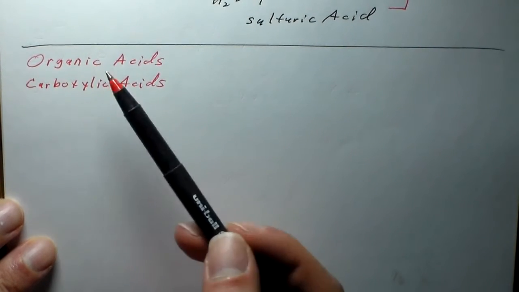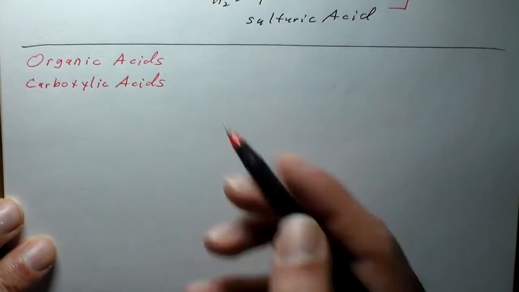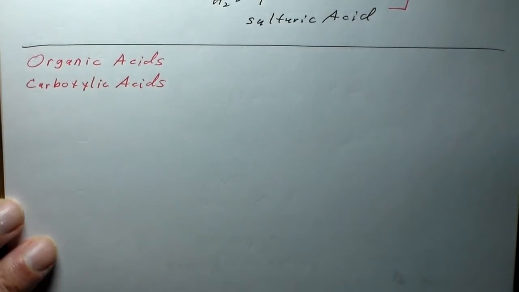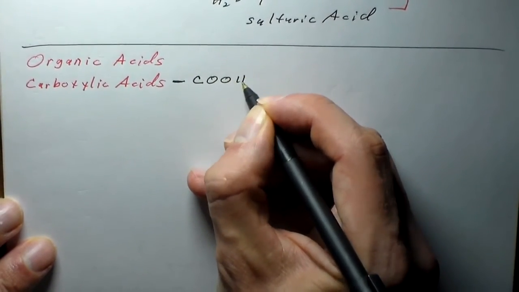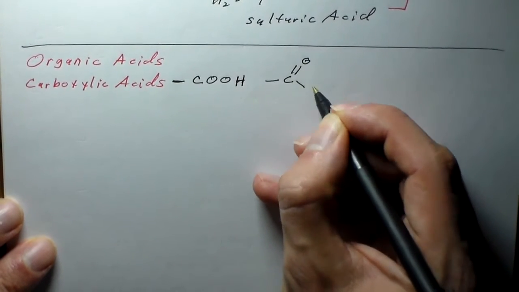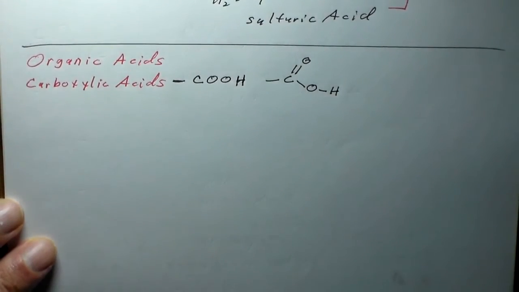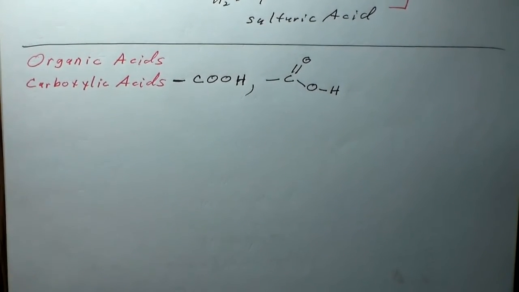And by the way, organic, just to remind everyone, means that it's a carbon-containing compound. So if we see this particular group in there, it either looks like this, COOH, or equivalently, C with a double bond O, OH, like this. So these are the two ways that we can see it.